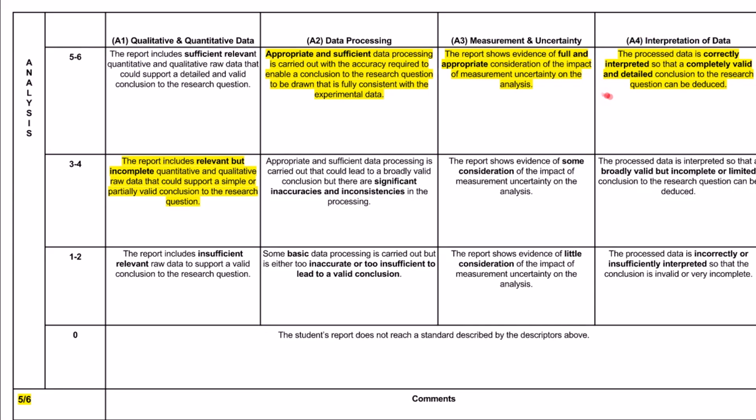It was processed, and then it was represented in the form of a graph with the correct linear trend line, and also the correlation coefficient and the root mean square values included.